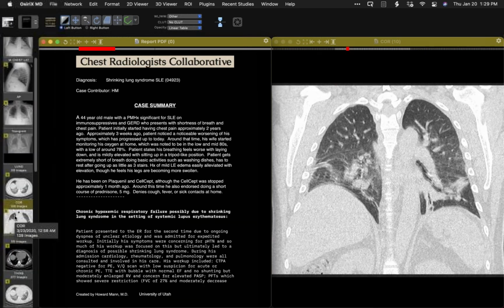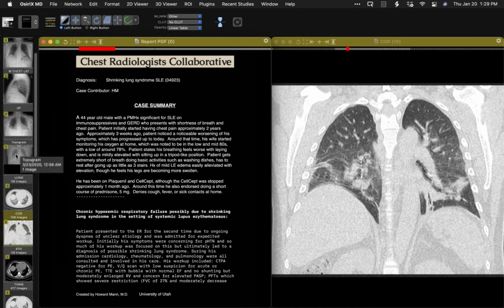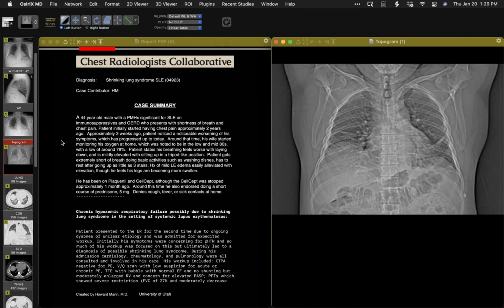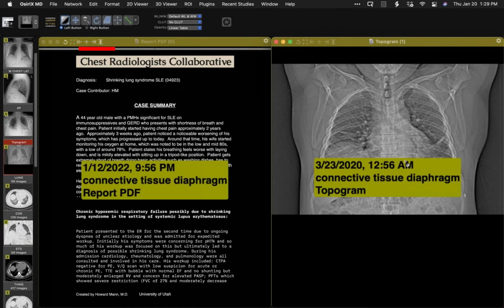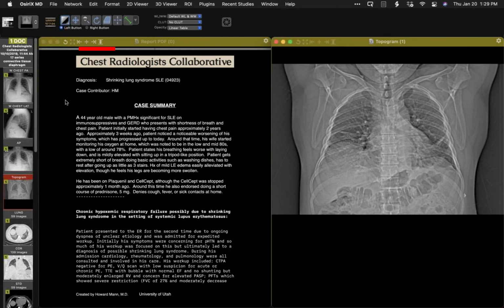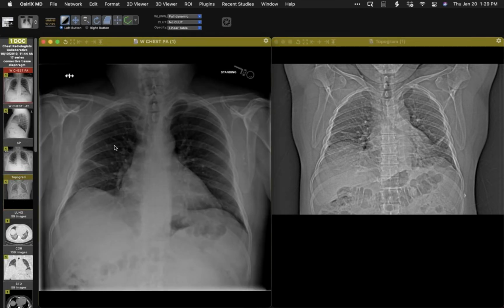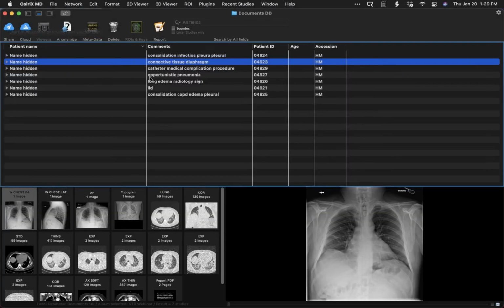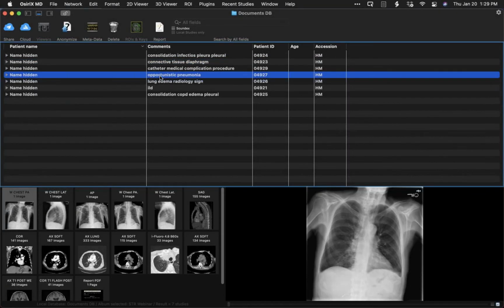So yeah, perhaps this is a case of exactly that. Oh, we can look at the topogram here. So he's had it since 2020, not just recently. Yeah, I think that's plausible. Yeah, I agree. Good.